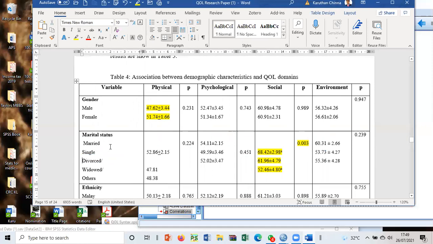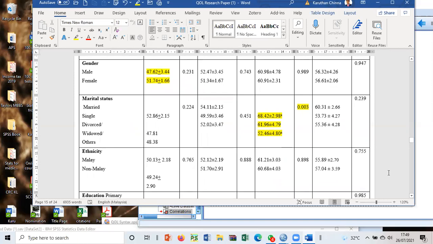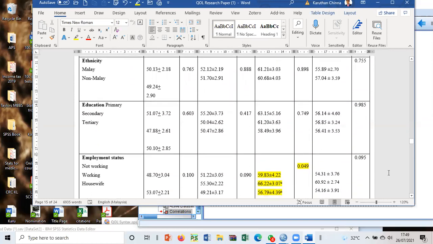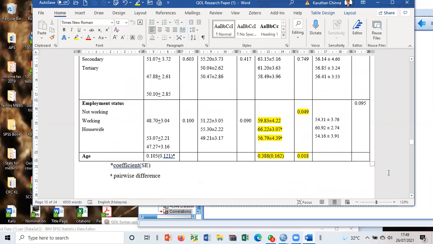So you can see who's different. This divorced group is different from married. Some studies we've seen found single and married were different. If we come across that, then it's better to explain why. So there could be some differences in this study. Okay?